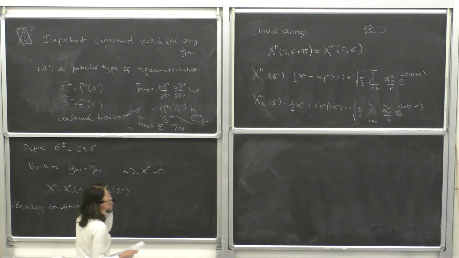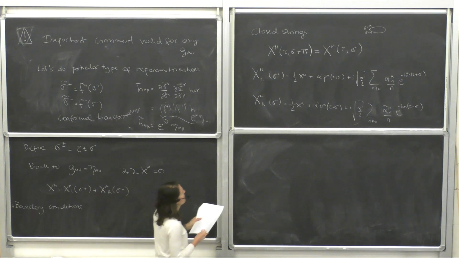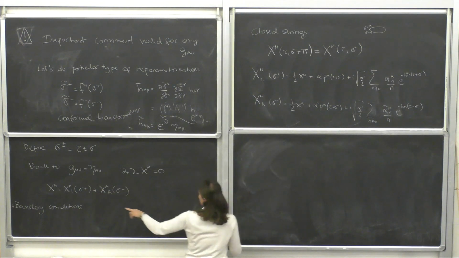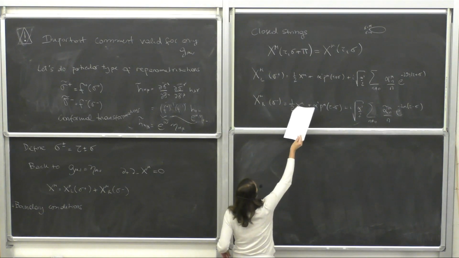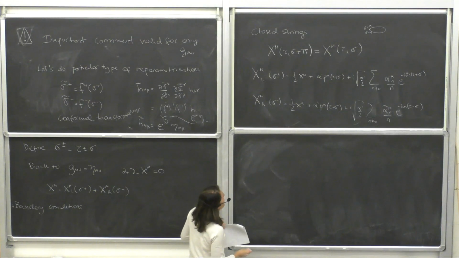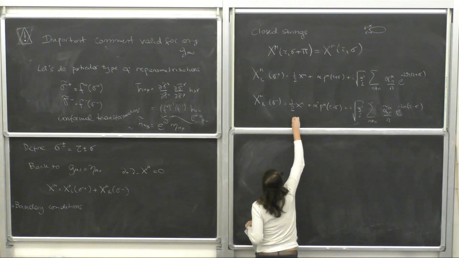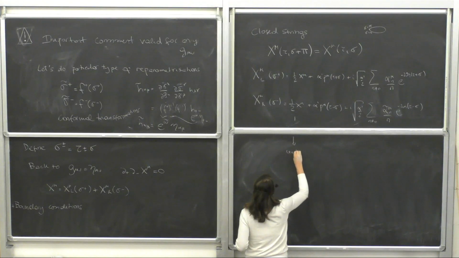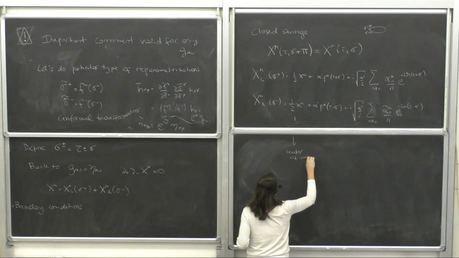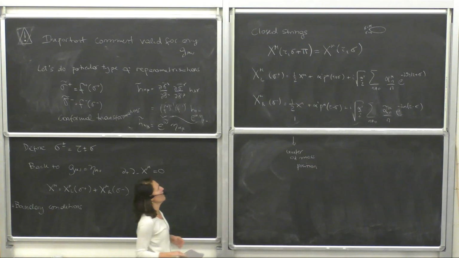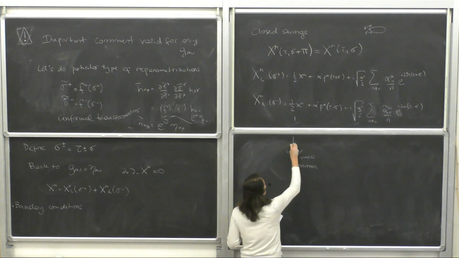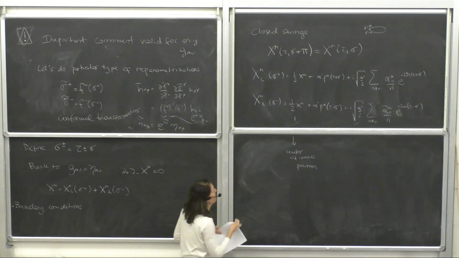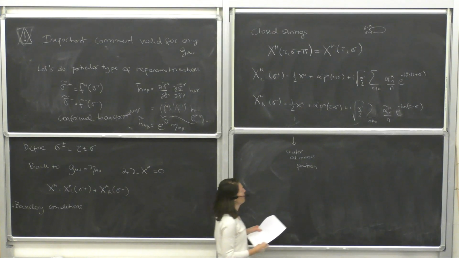Okay, so what are all these objects that we introduce here? First, remember that x mu is the sum of the two. If we sum this little x mu, that is a constant, it doesn't depend on tau and sigma, this is the center of mass position. So the string's center of mass is at some point in space-time.